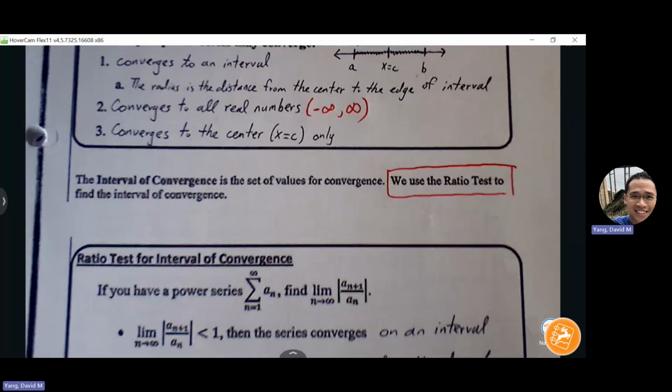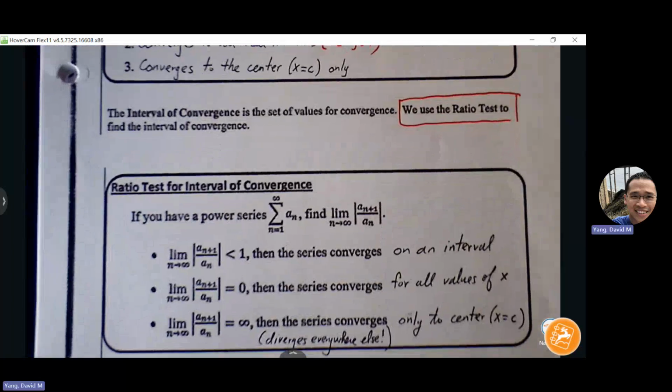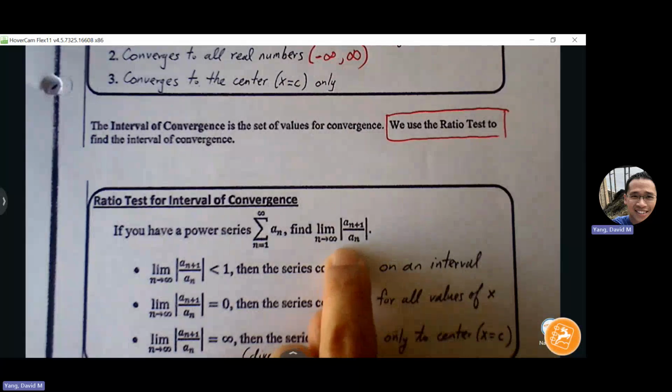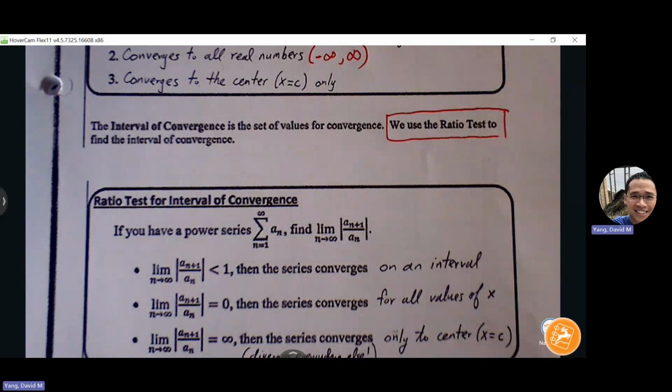So if we have a power series, then we find the limit as n approaches infinity of a sub n plus one over a sub n. But now we're going to have an unknown x value in our power series, and we have to figure out what that unknown x value is that will allow us to show convergence.